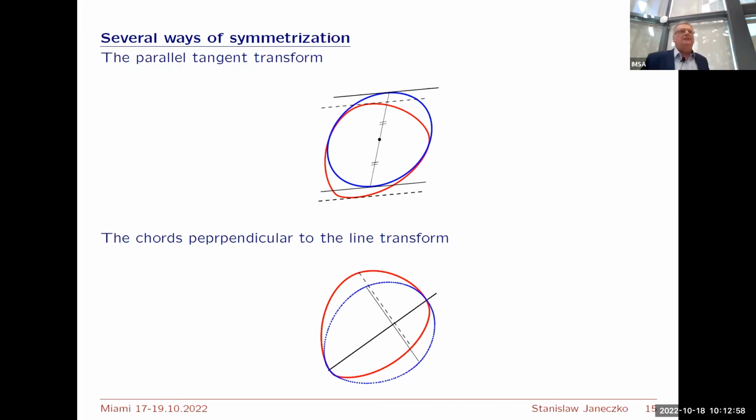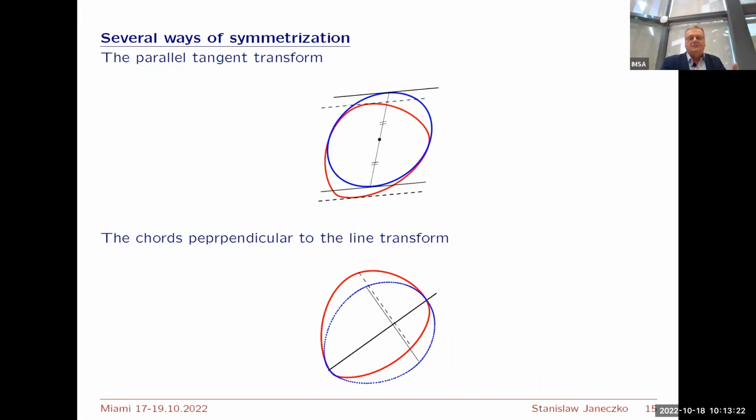So we have a few methods of symmetrization, because we have an object, and we prefer to have it symmetrical. So we try to symmetrize, let's take ovals.